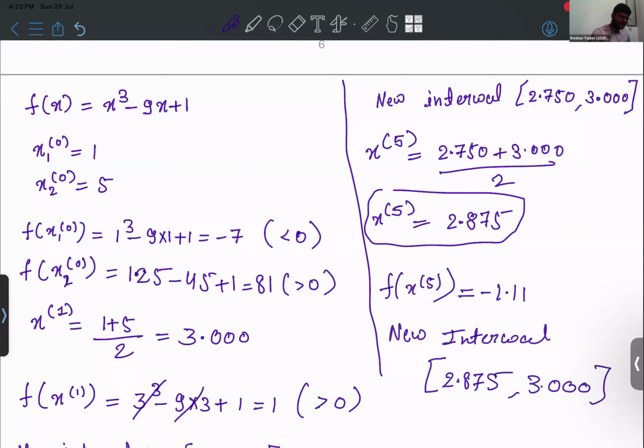See, it will go on for more steps also, since this value is not very close to 0. This value is plus minus 1 something.